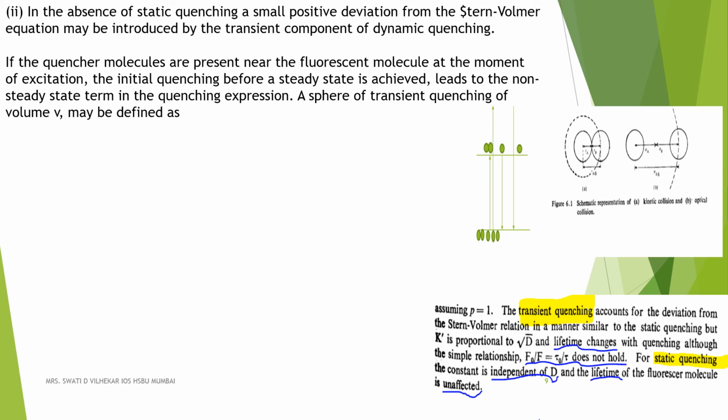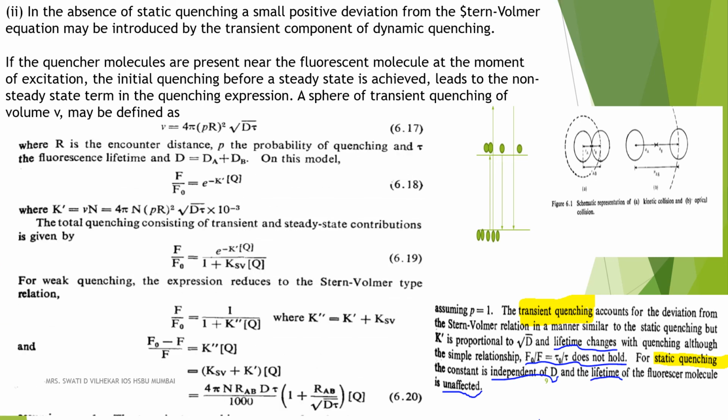So a sphere of transient quenching of volume V can be defined as V equals 4 pi p r square under root of D tau, where p is the probability of quenching, r is the encounter distance, D is the diffusion coefficient, which is the sum of DA and DB, and tau is the fluorescence lifetime. Based on this model, we can write the ratio of fluorescence in the absence of quencher to fluorescence in the presence of quencher.